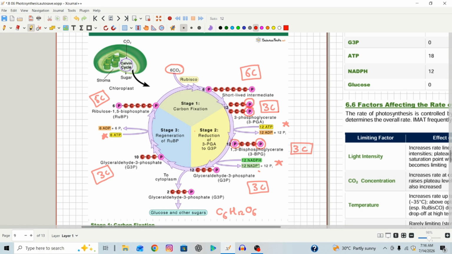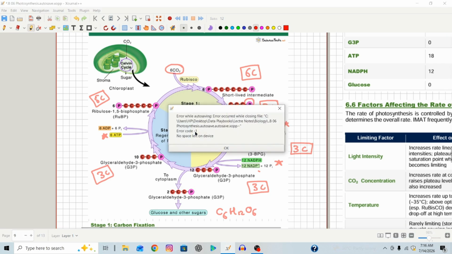That's why it is called the reducing agent, right? So you have to be really careful about oxidation, reduction, oxidizing agent and reducing agent. So NADPH itself was oxidized and it reduced 1,3-bisphosphoglycerate. So 1,3-bisphosphoglycerate was reduced.